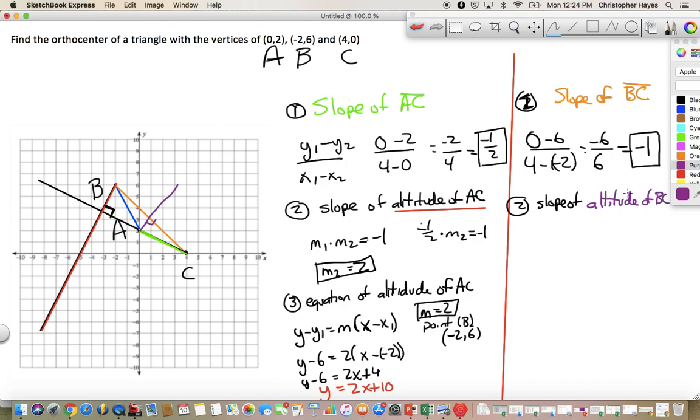Okay, and so once again, what do I know? I know that m1 times m2 equals negative 1. In this case, I have negative 1 times m2 equals negative 1, so m2 equals 1. I know my slope of this line here. Actually, again, we'll put it in purple, make it easier.